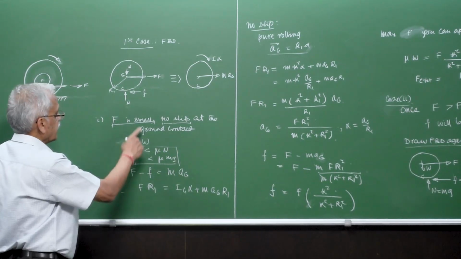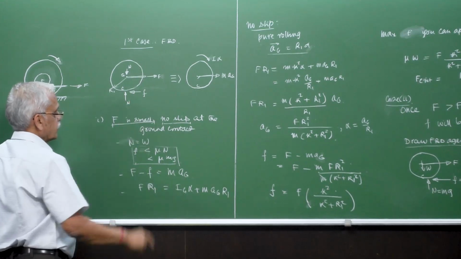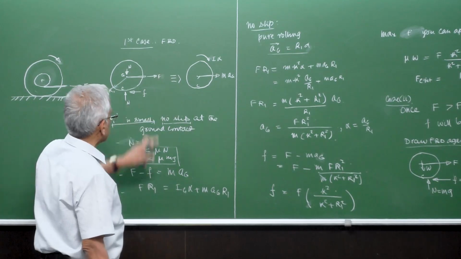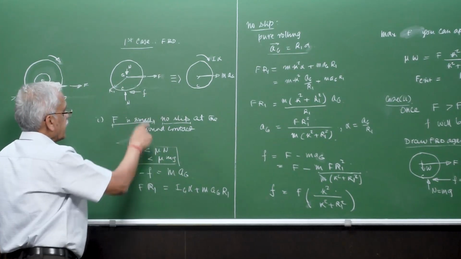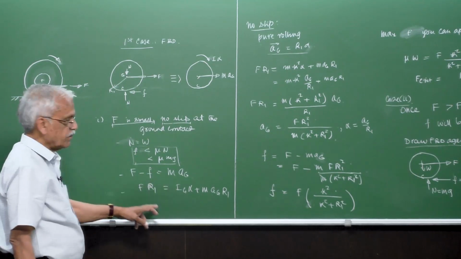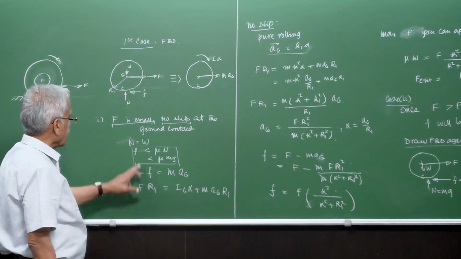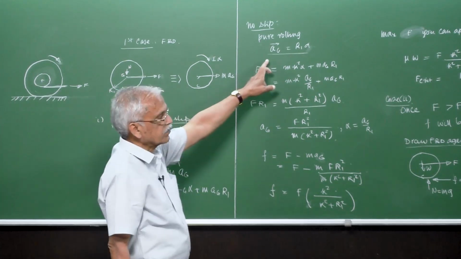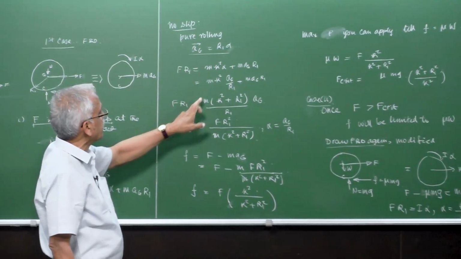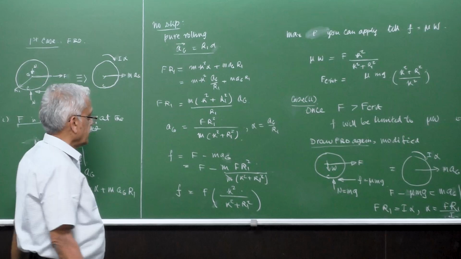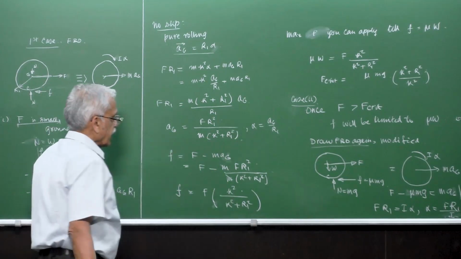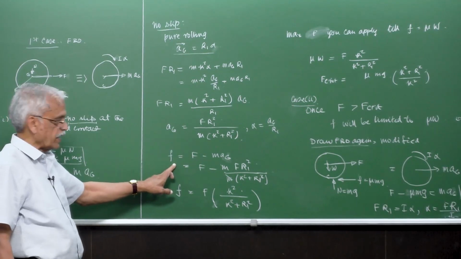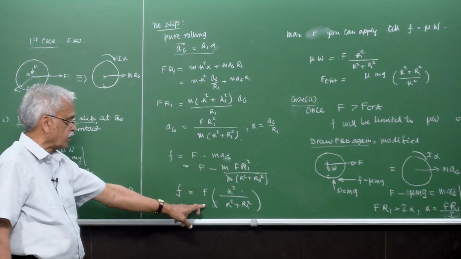So we assume that F is a small, variable value, depending upon what big F you apply. Then we applied the equilibrium equations in the horizontal direction and of course in the vertical direction, and then the moment equation. From that we found out a_G and also alpha, right? And in that process we found out the friction force F needed, and so this is what we got.